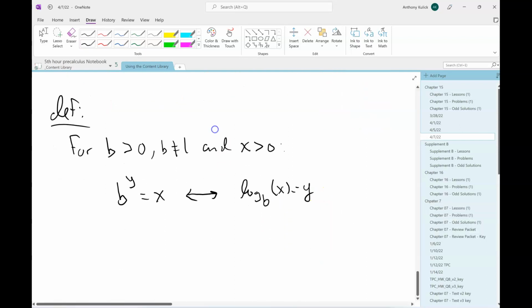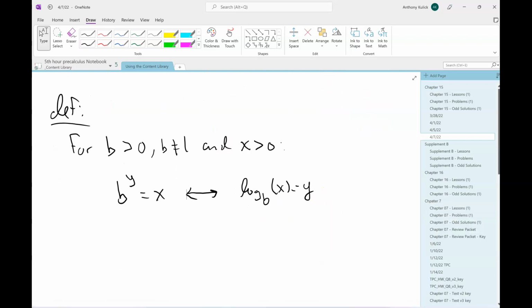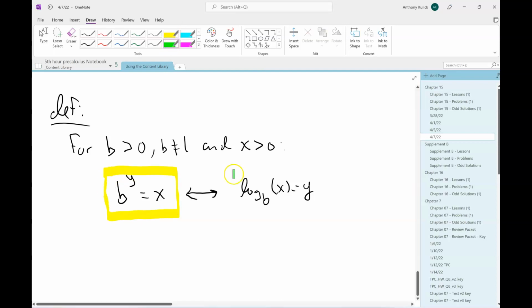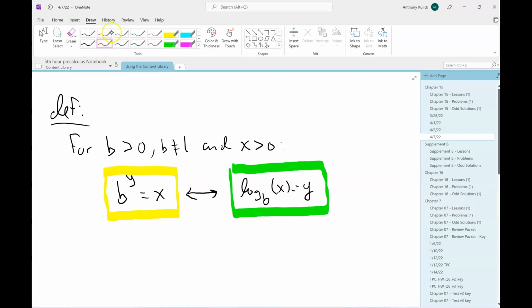Okay, so for some value of b that's positive and not equal to 1, and some value of x that's greater than 0, we say the exponential equation, b to the y is equal to x, is equivalent to the logarithmic equation, log base b of x is equal to y.